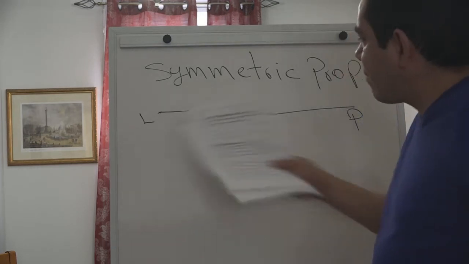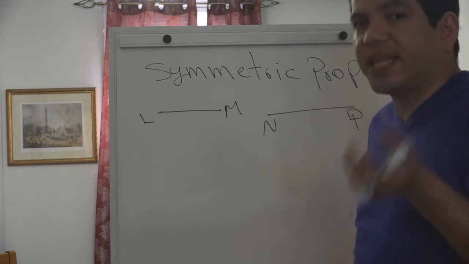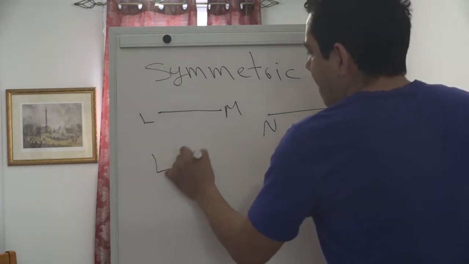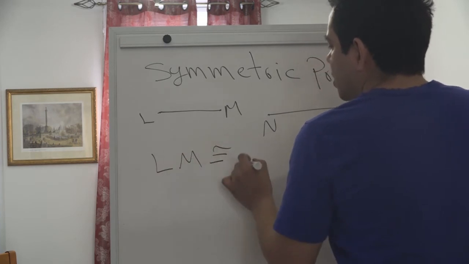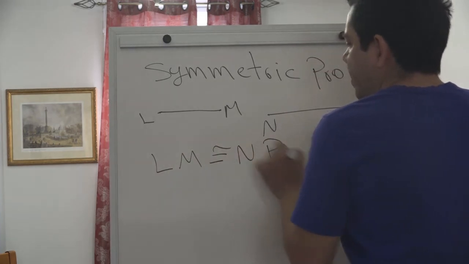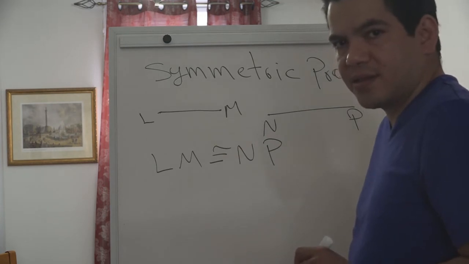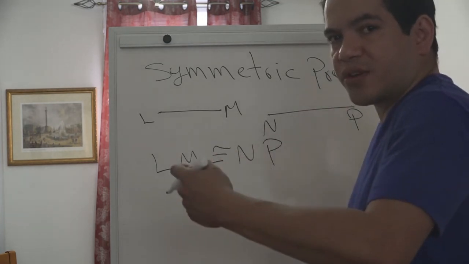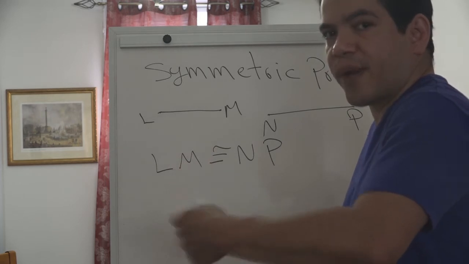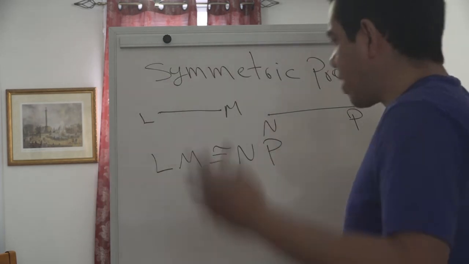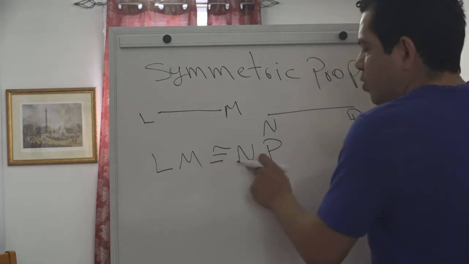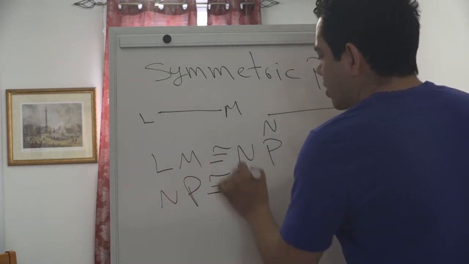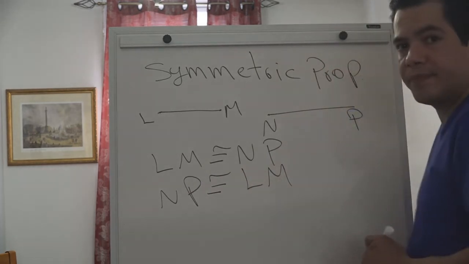Let's pretend that they both are congruent, meaning having the same length. So I could say that LM is congruent to NP. The symmetric property says that if you can go from one place to another, then you can go from the other place back to this place. LM is congruent to NP, therefore NP is congruent to LM.